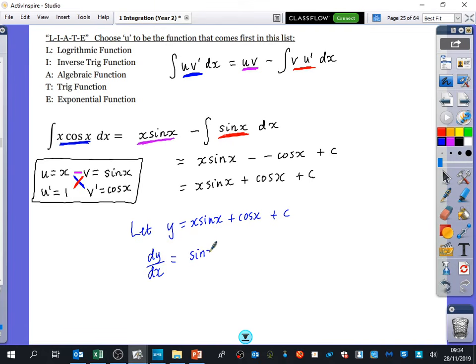So you get sine x. Let's keep this the same, but differentiate this. Minus sine x plus c differentiates to 0. So dy by dx is equal to x cos x, which is what we wanted it to be because we were trying to integrate x cos x.